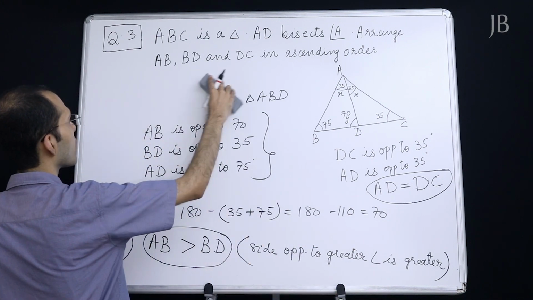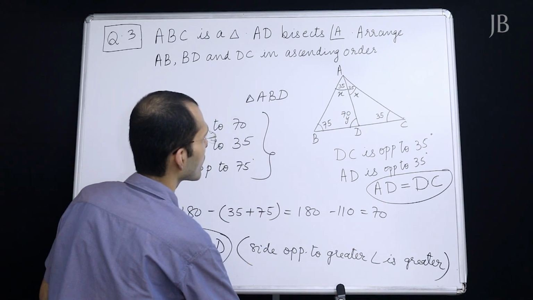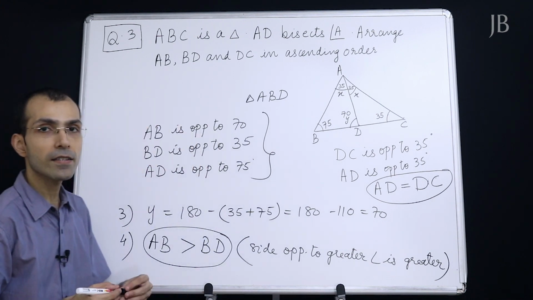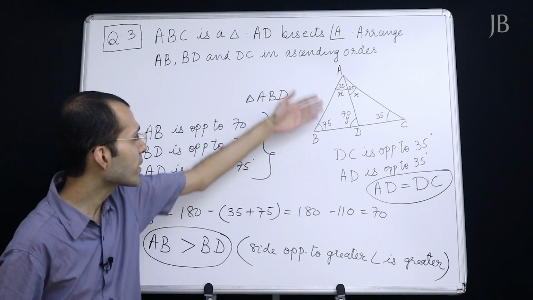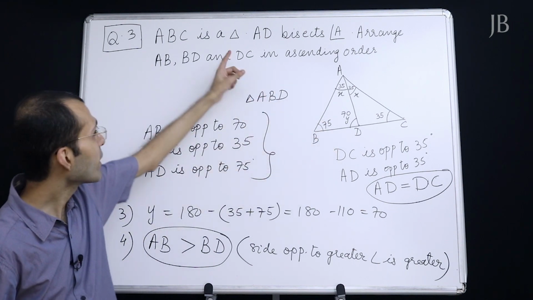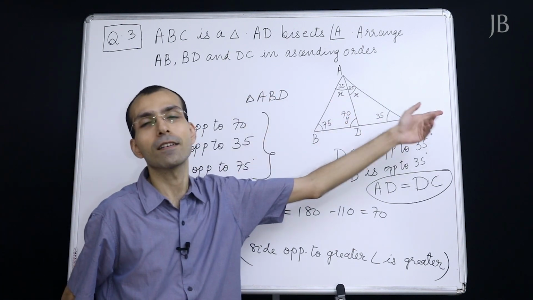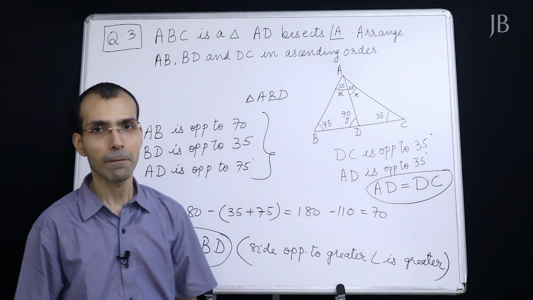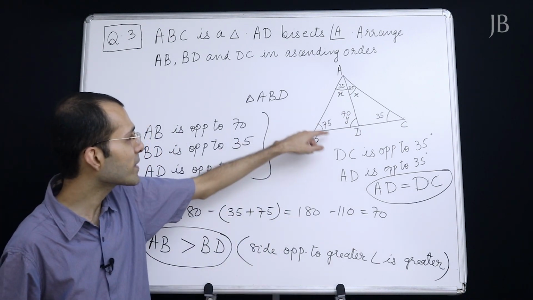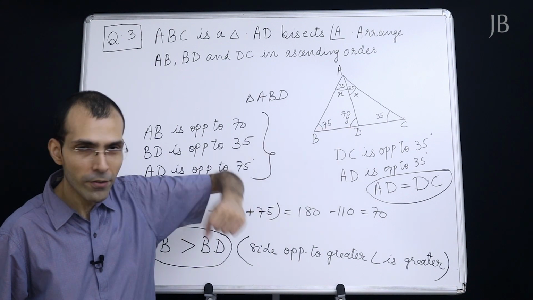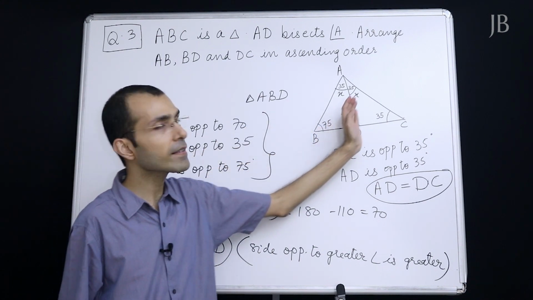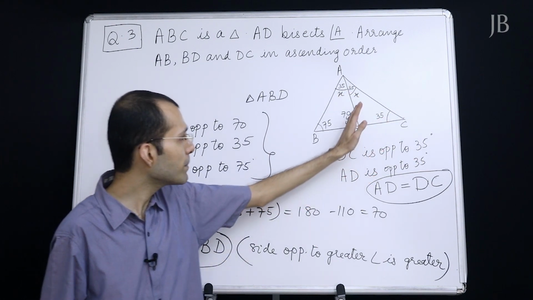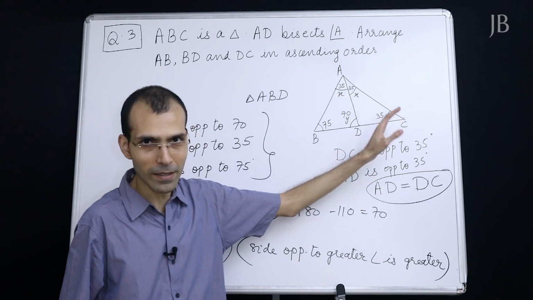Why we had to do all this so much efforts? Because they asked us to compare three sides, of which two sides were in this triangle and one side went in the other triangle. So we could not compare directly. So whenever they tell you compare three sides and of which two sides are in one triangle and the other side is in the other triangle, what you do is you keep that other side aside for some time.